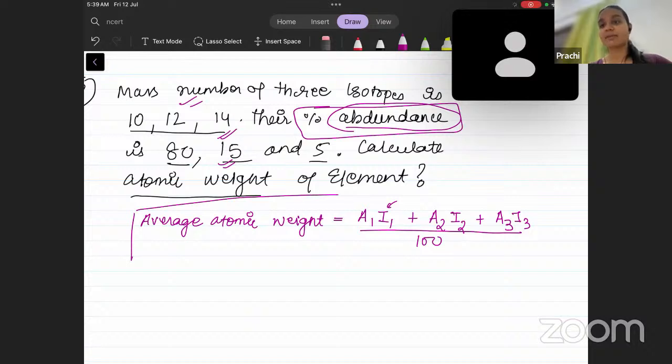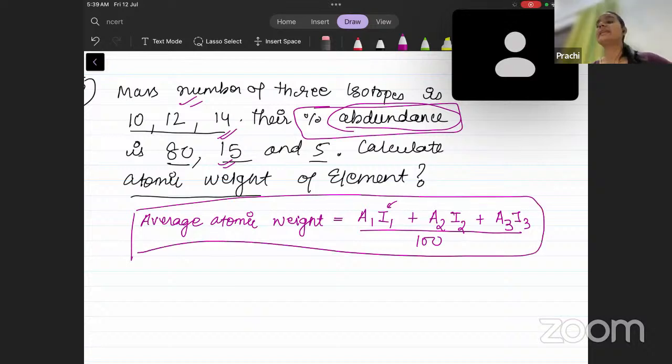And what you see in the periodic table is the average atomic mass, which in general is also known as the atomic mass. Whenever you see the masses in the periodic table, now you know that they are the average atomic mass, where we have considered the percentage of abundance in nature.